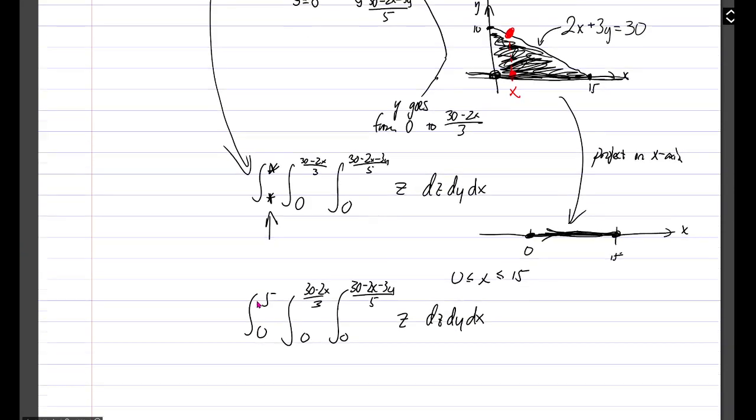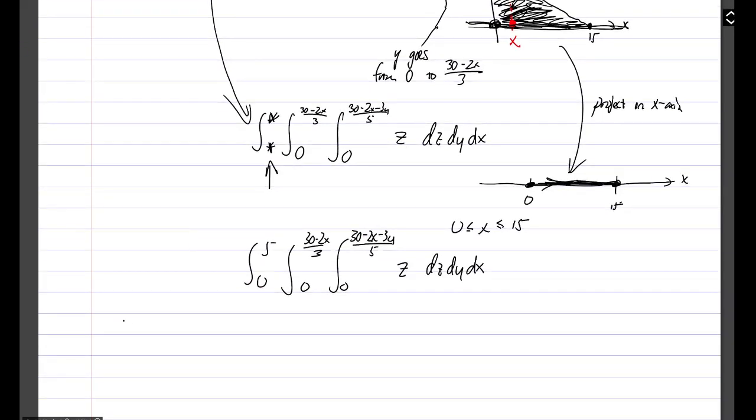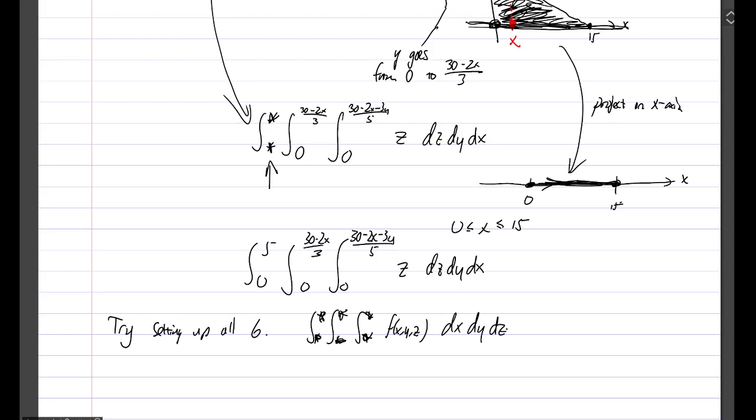So what I'll suggest you try to do, this is very challenging at first, is to try setting up all 6 on your own. So something of the form integral something to something, integral something to something, integral something to something of the function. It doesn't really matter what the function is here. But maybe try, for instance, dx, dy, dz as well. This would be another one to try.